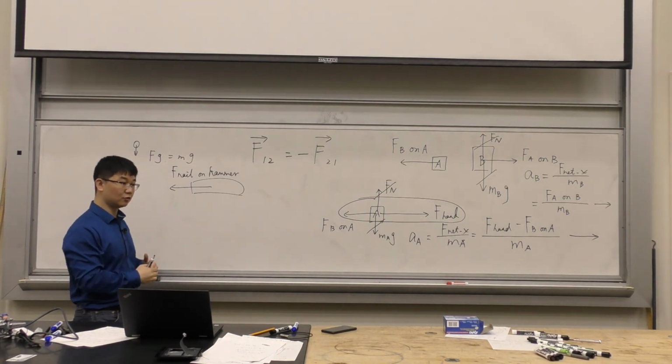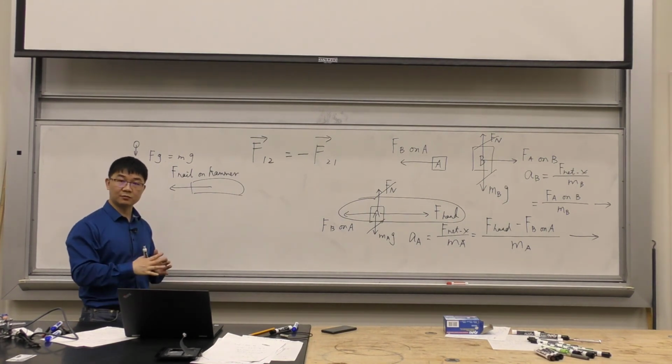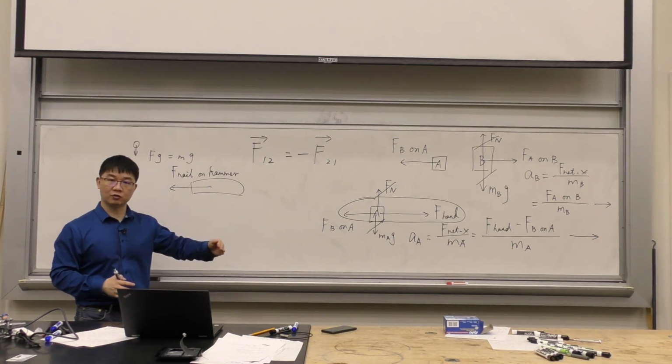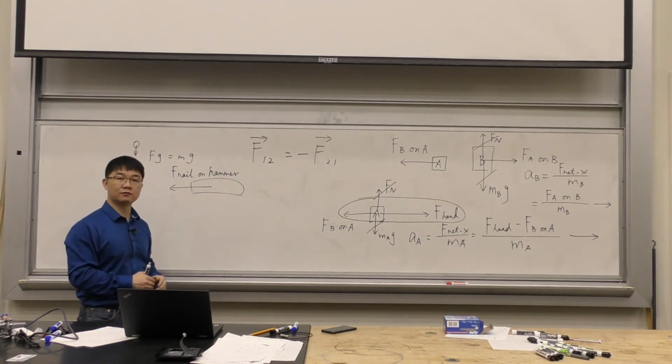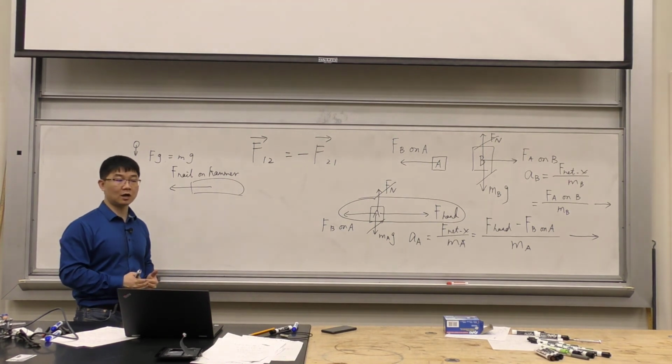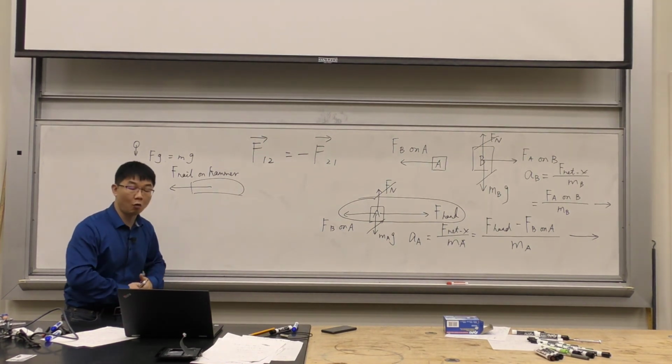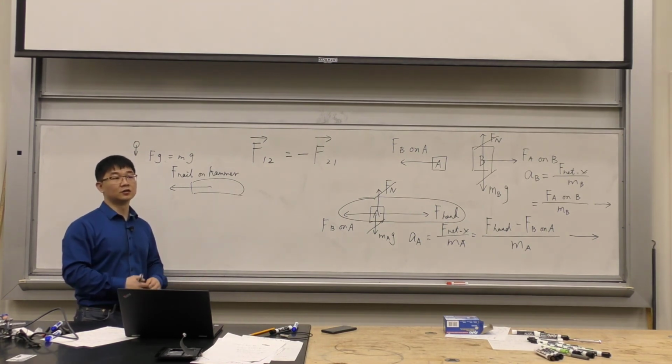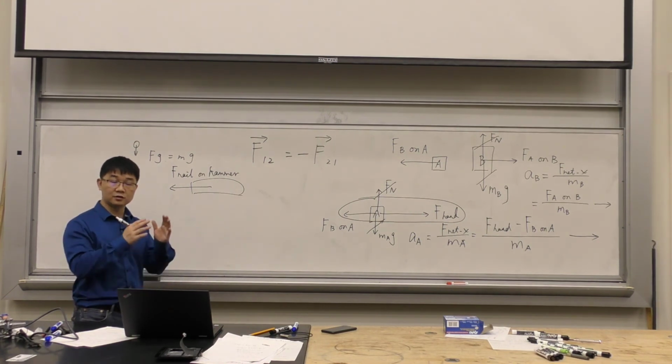You can't just take a look at one force on this hammer and say it must be moving in that direction, right? The hammer has a force of gravity down. How come it's not moving down, right? Because you need to take into account all the forces on this object so that you can decide its motion.